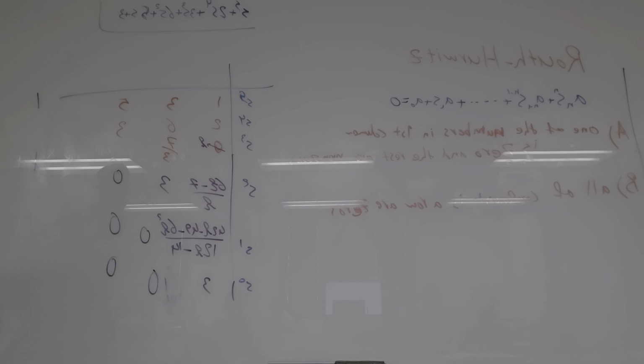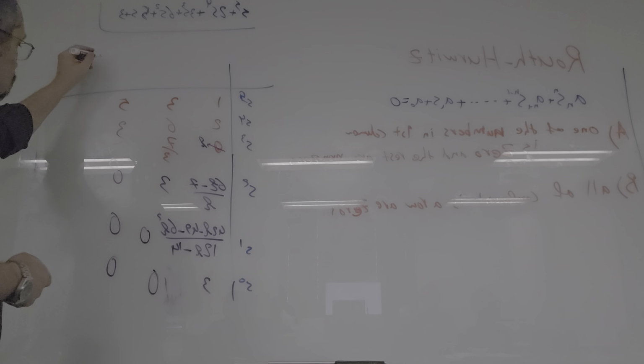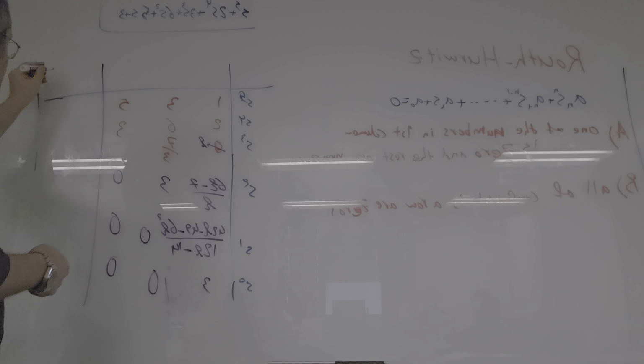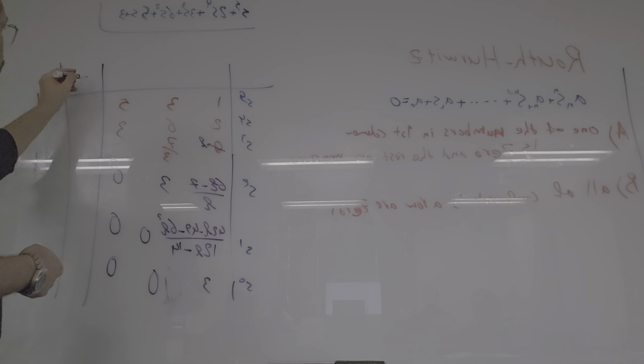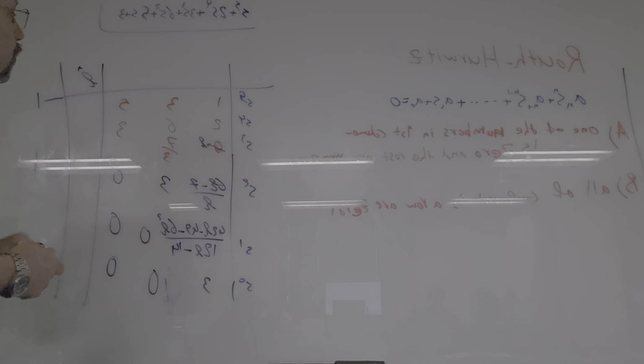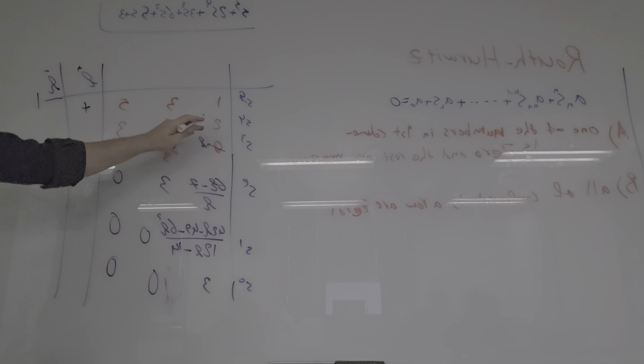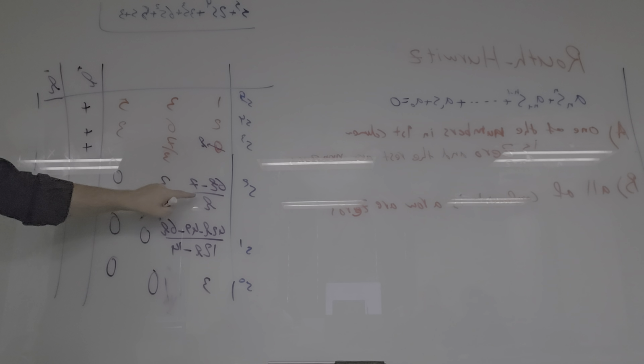Now, what are we going to do? First, we are going to consider epsilon as a positive number, and then epsilon as a negative number. So, if epsilon is positive, first element is positive, second one is positive, third one is positive.